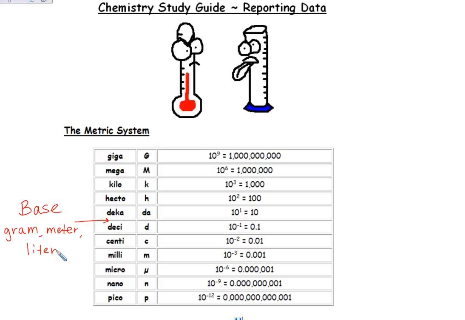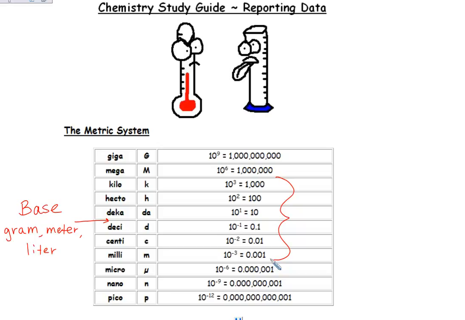Of these prefixes, the ones that you need to be familiar with are these guys. If by chance nano comes up, which it might, we might be talking about wavelengths of light or the mass of an electron.